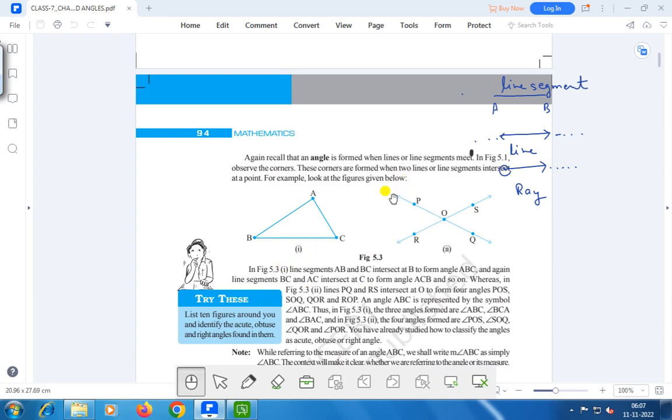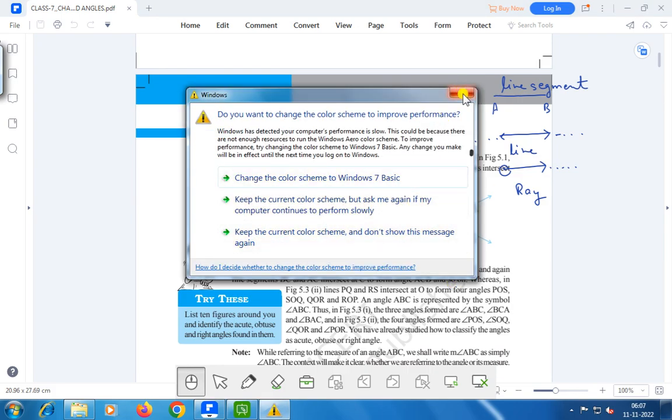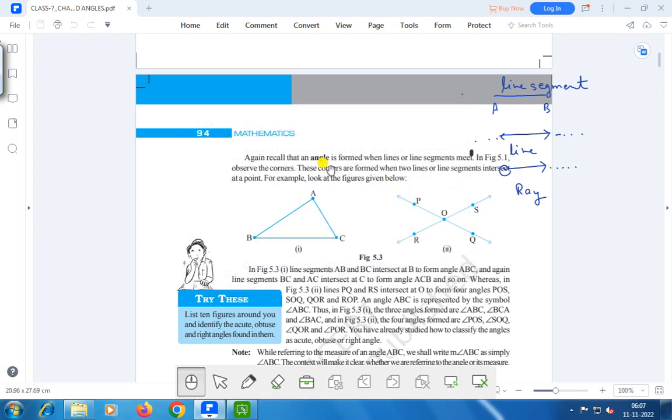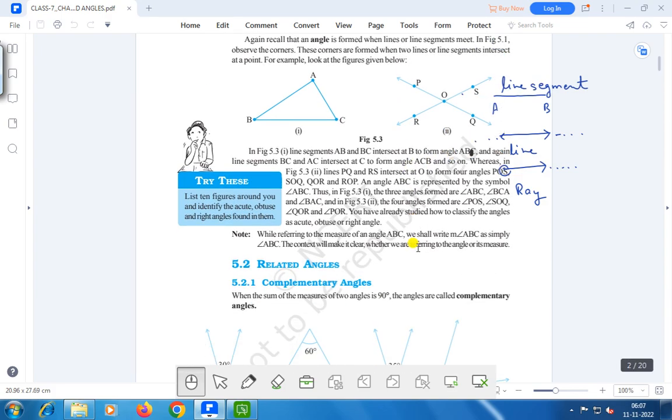But in case of lines, here you see two lines intersect at the point O. In this case, there are four angles formed by the lines: angle POS, angle SOQ, angle QOR, angle POR, etc. So angle is formed when lines or line segments meet.